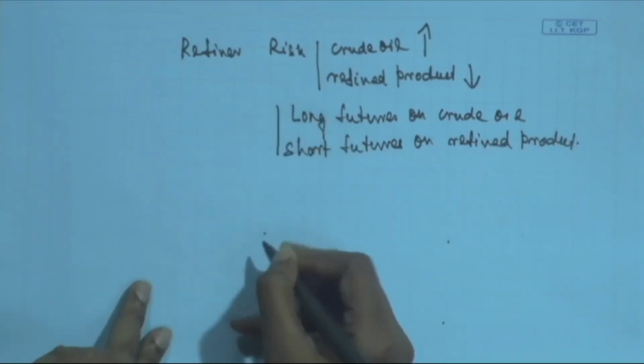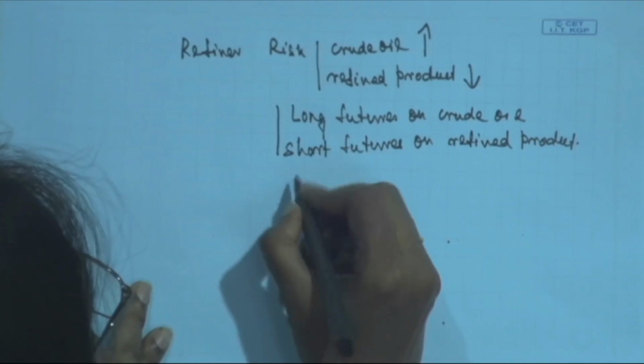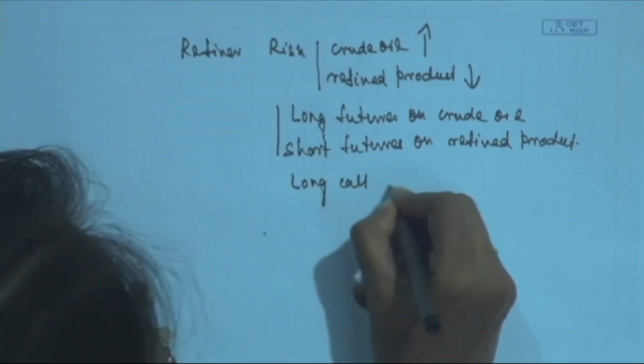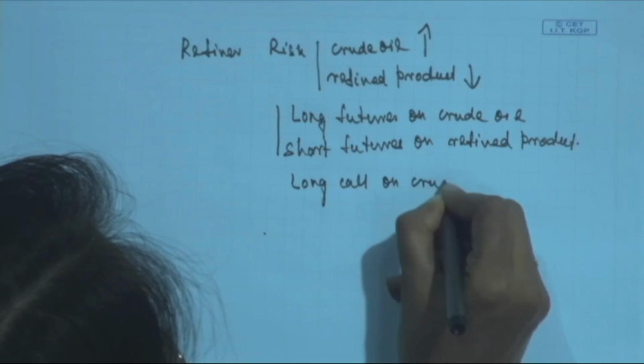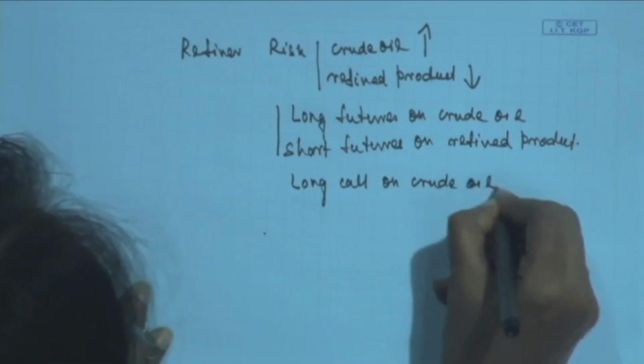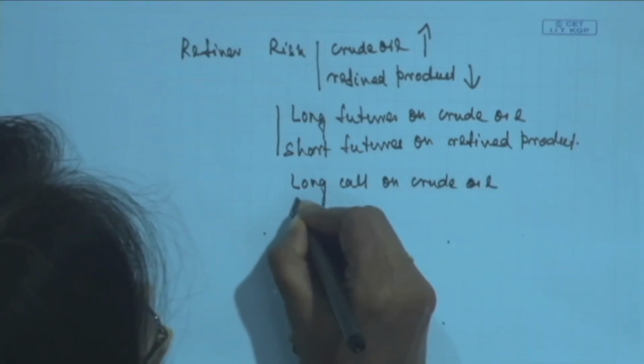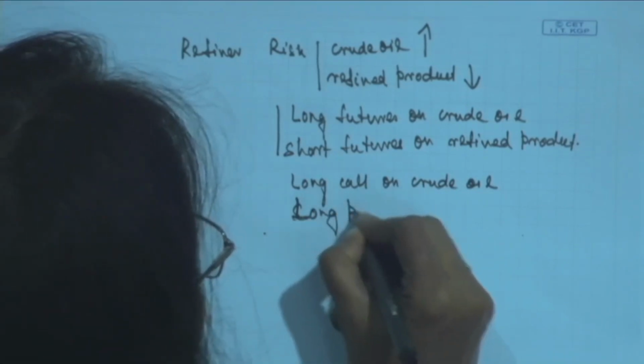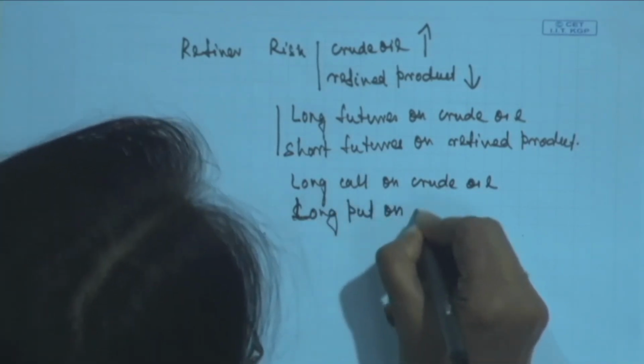Or using option contracts, it would be going for a long call on crude oil and a long put on refined products.